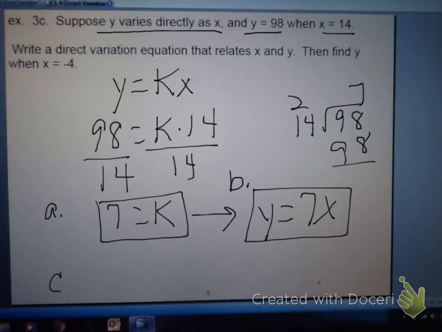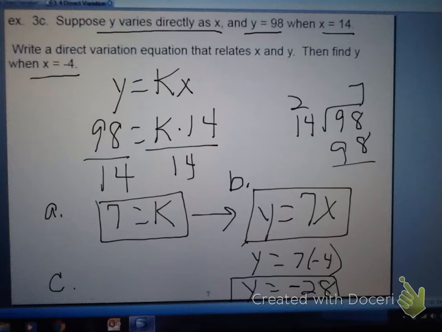And then part C is finding another set of points. And this time, they give us x, so we have to find y. So we plug it into this equation. So y is equal to 7 times negative 4. So y is equal to negative 28. So that is the answer to the second part.